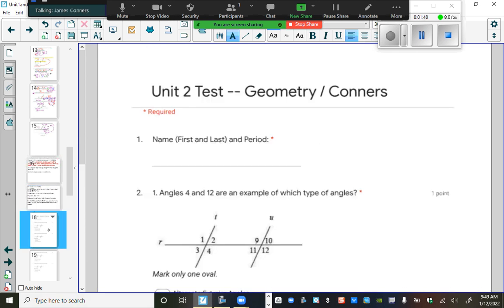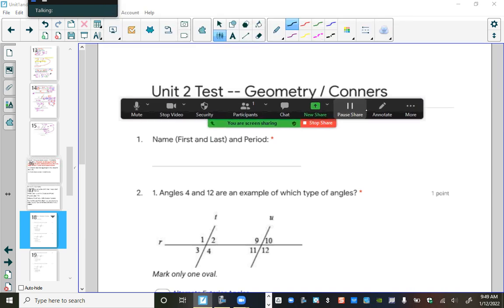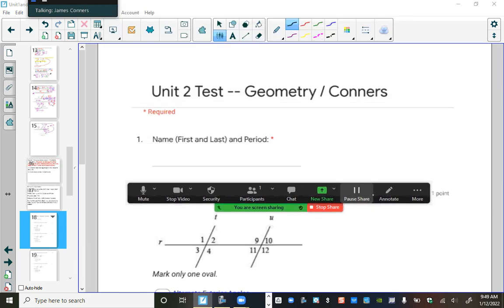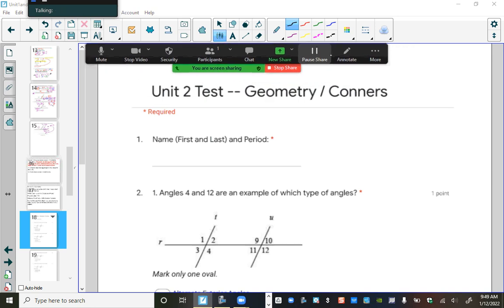All right, here we go. Okay, I think this will work here for now. All right, what's going on? Unit 2 test, we're going to review it.